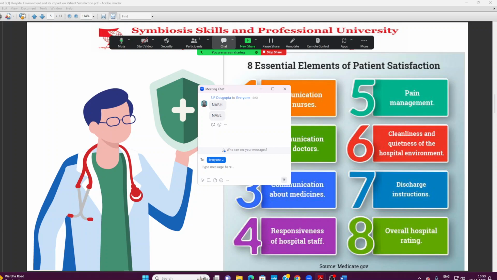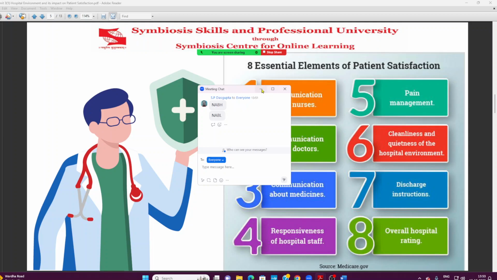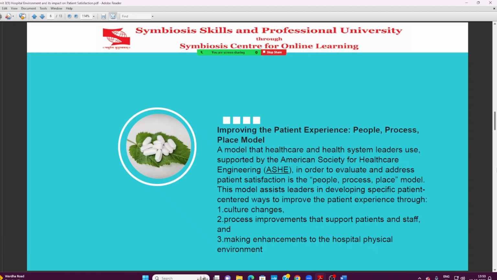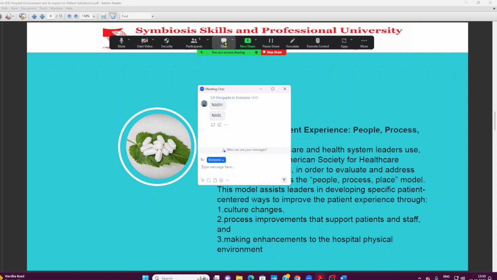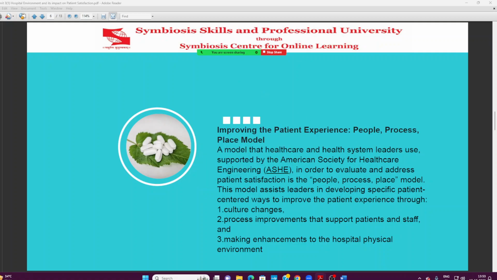If the ranking is not good, then definitely the patient can think twice about getting admitted to this hospital. So you have to remember this particular agency. It's a government organization, NABH. Okay, fine.